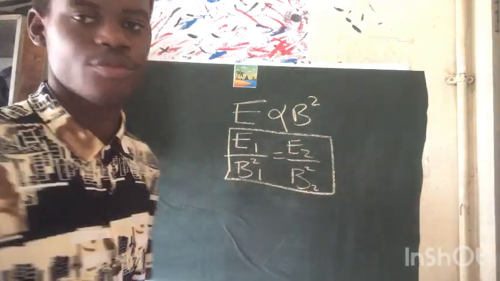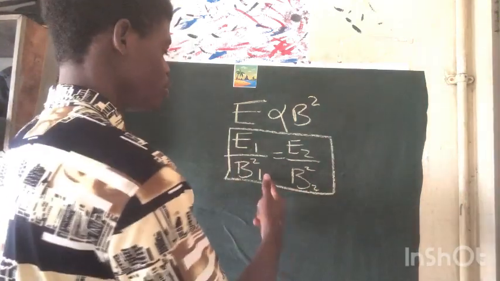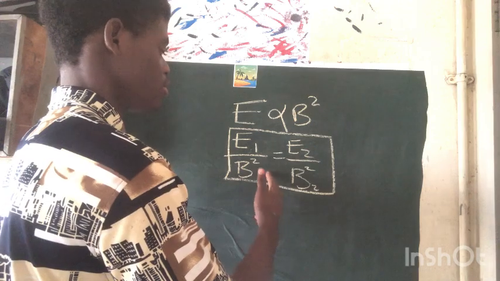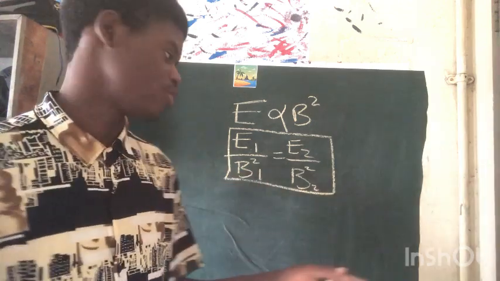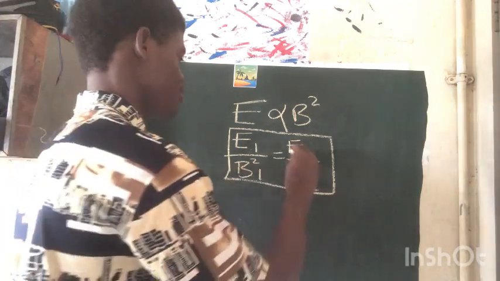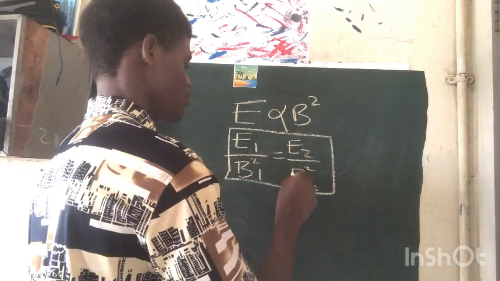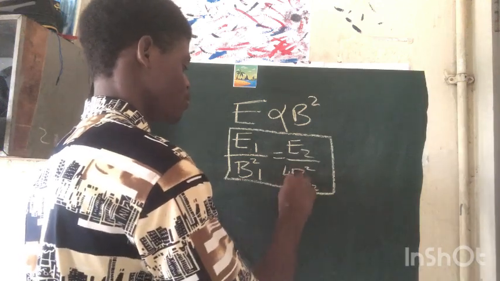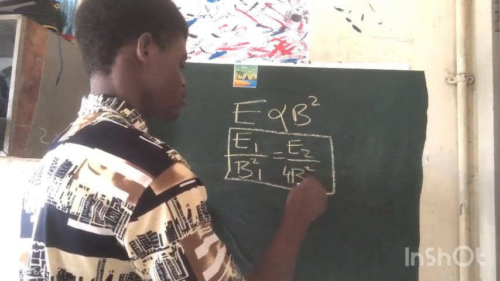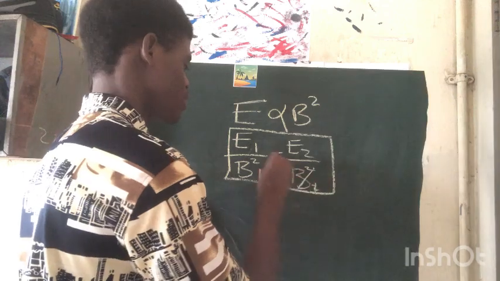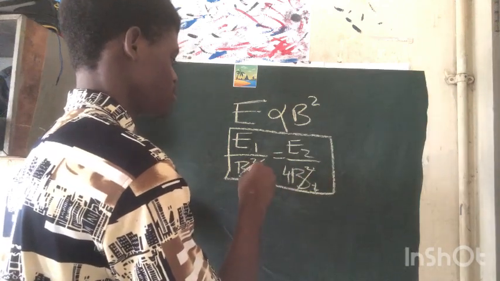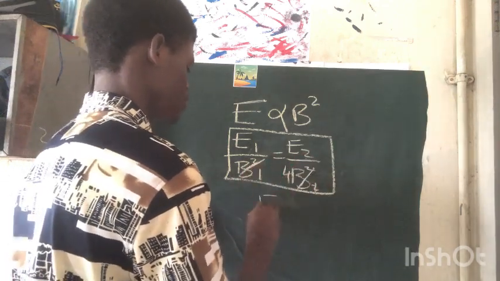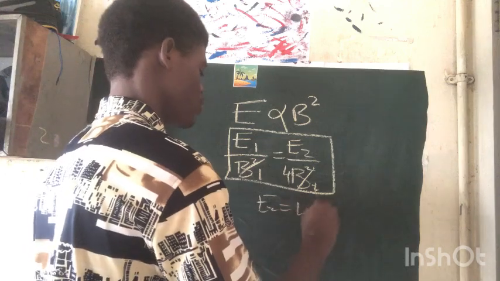So when they say they did the experiment twice, when you double the magnetic field, what happens to the electric field? If you double the magnetic field, that will be 4 B squared 2, 4 B squared 1. So that B squared 1 cancels B squared 1. Right? So E2 will now be 4E1.